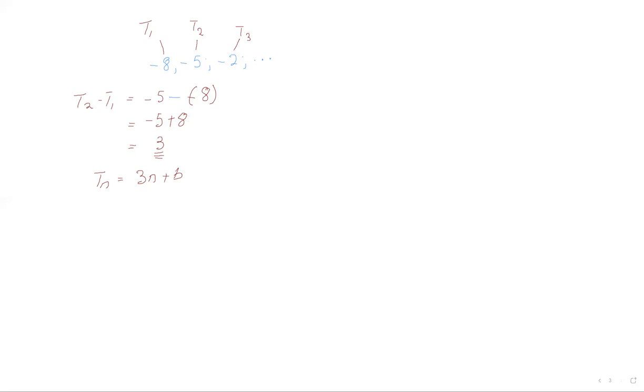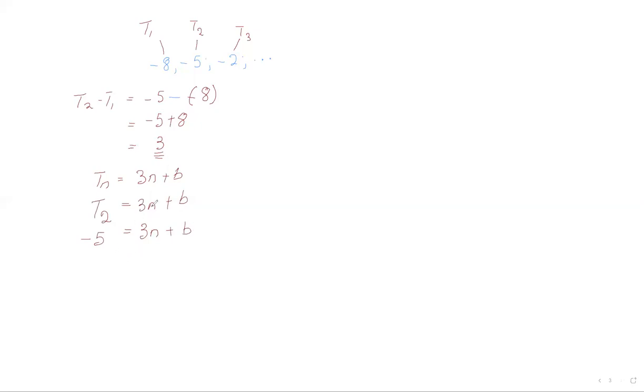I hope you'll appreciate that if you change the position from n to 2 here, the second term is -5, and 3n plus b, but we know that the second term is -5. So -5 will be 3n plus b.